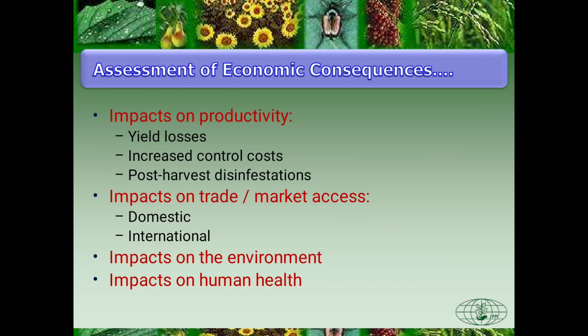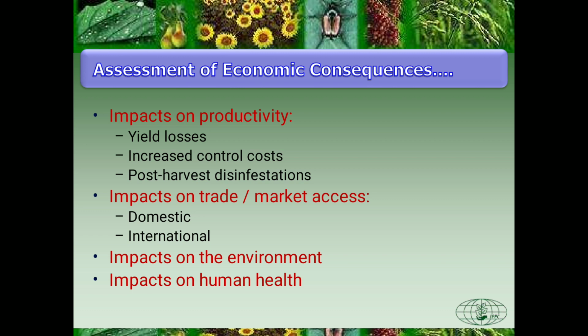That means assessment of economic consequences, that is, the effect. What are the economic consequences or effects if there is an incidence or spread of such a harmful pest? We assess the yield loss of that plant. Then, is there a control cost if the population of such a pest increases?